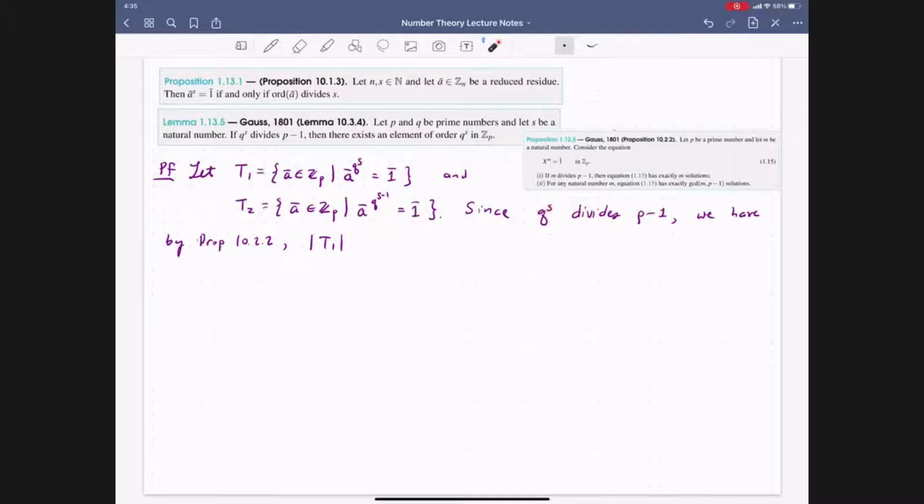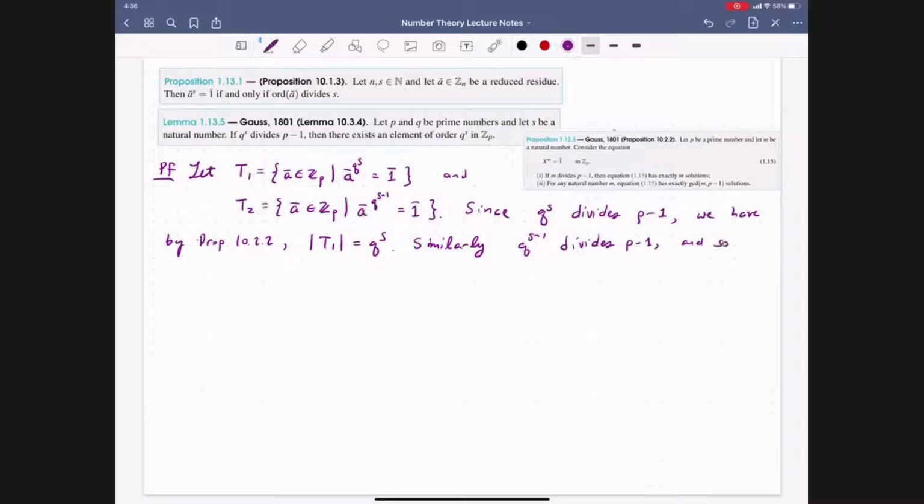Similarly, q to the s minus 1 divides q to the s, because q to the s is just q to the s minus 1 times q. So this also divides p minus 1.